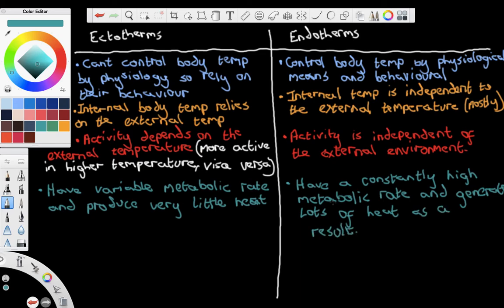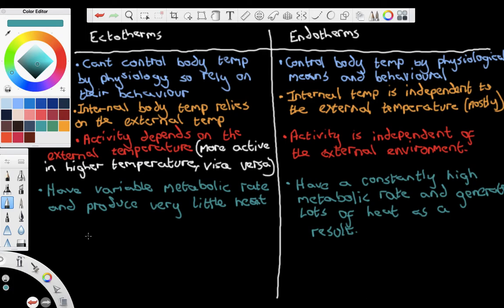Now, a good way to think of this, a good sort of analogy, is to imagine that endotherms have a fire inside of them. This fire you need to provide with lots of fuel. You need to put lots of wood on a fire to keep it going. So if we have this fire inside of us, we need to keep providing fuel to that fire to keep it burning, and that's why we need to eat more. Whereas ectotherms do not have a fire inside of them.